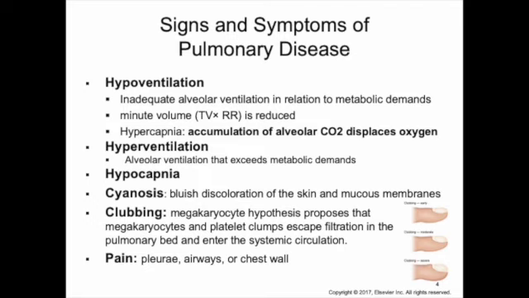And therefore, your arterial CO2 pressure will increase and cause hypercapnia. Hypercapnia is high CO2 in the arterial system, greater than 44 millimeters of mercury. So there's not very much difference between a normal level, which is a 40, and an abnormal level of hypercapnia that's at 44 millimeters of mercury.